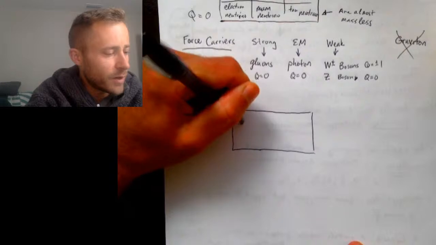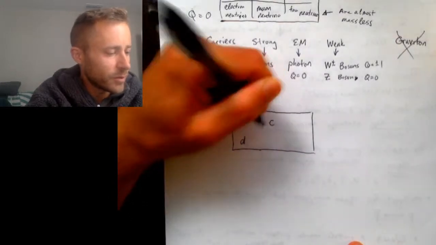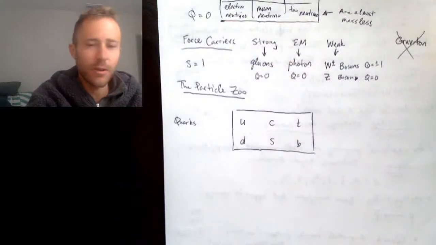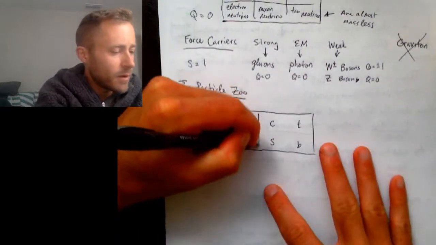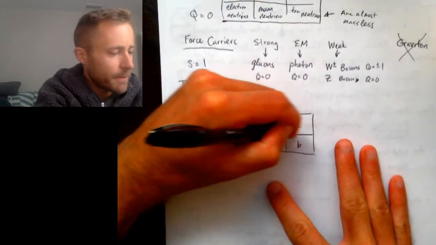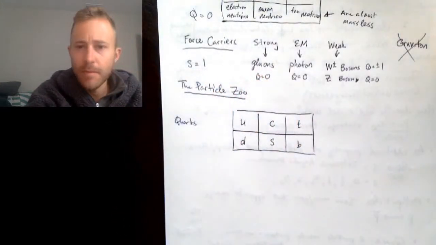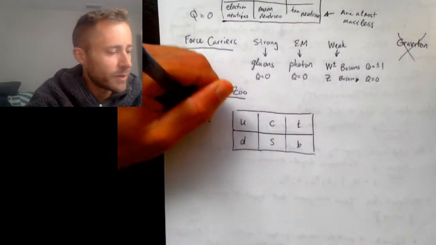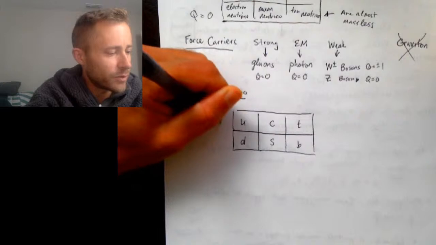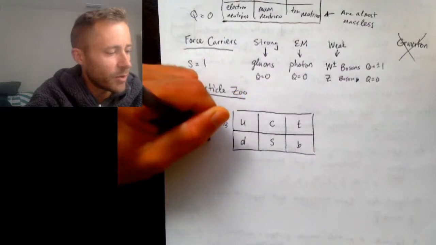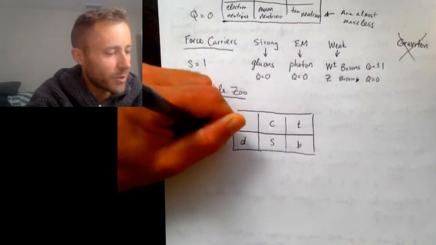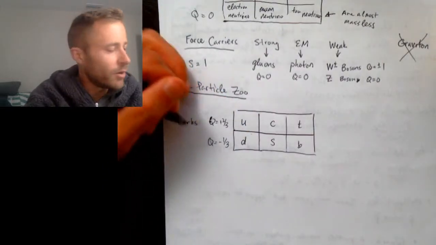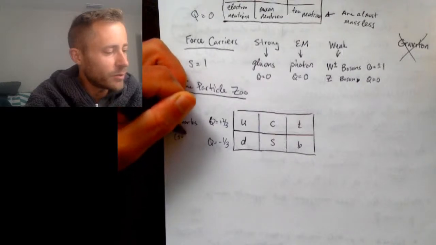So you have up, down, charm, strange, top, bottom. And the top row has charge plus 2/3. The bottom row has charge minus 1/3. And all the quarks have spin equals 1/2.